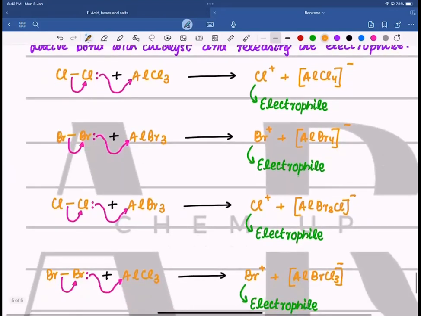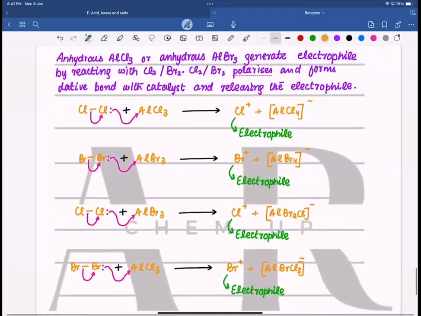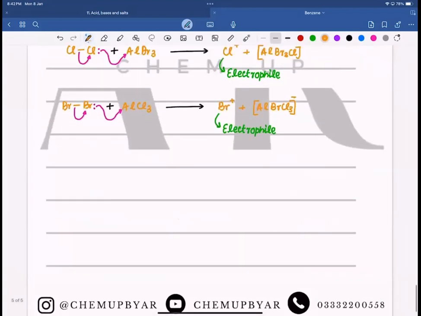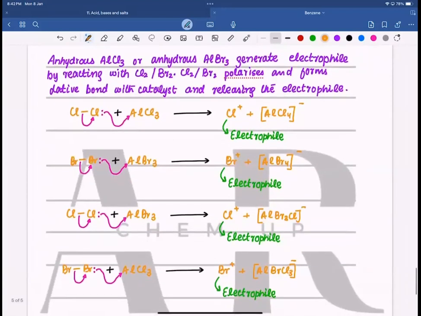Is everybody done with the above text? Okay, now complete this. So after this, we are going to discuss the mechanism. We just discussed how the electrophile can be formed.